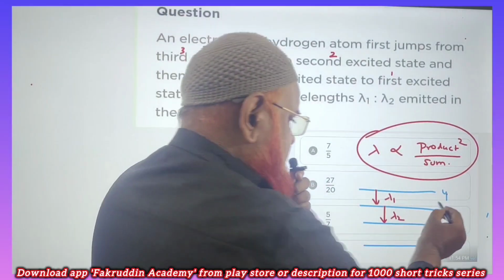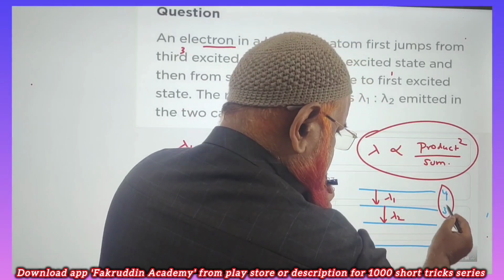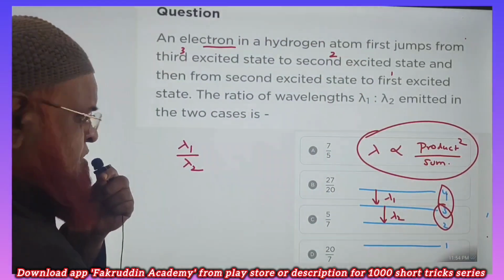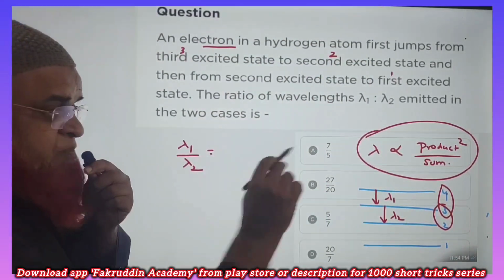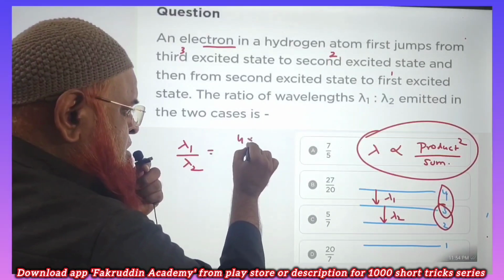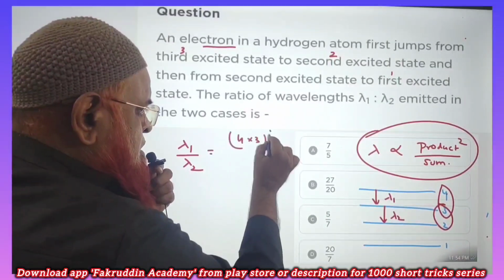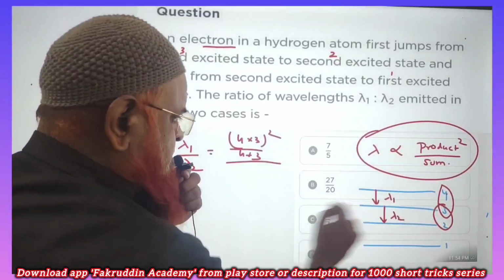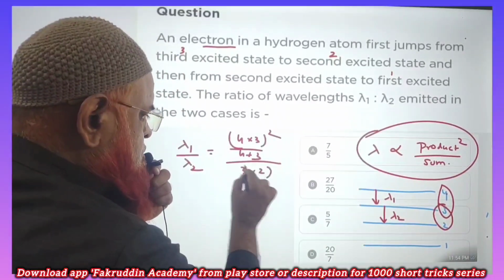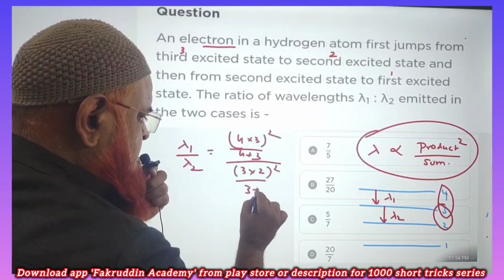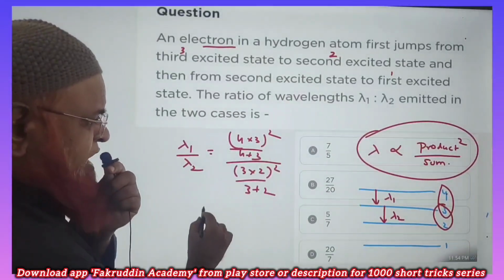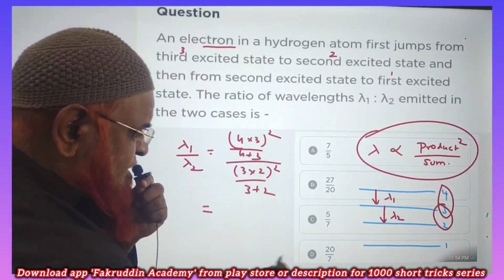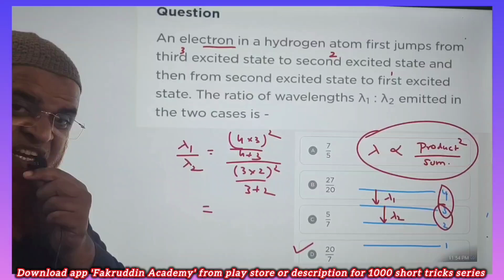For example, lambda 1 is 4 into 3, and lambda 2 is 3 into 2. So therefore lambda 1 by lambda 2 is 4 into 3 whole square by 4 plus 3, divided by 3 into 2 whole square by 3 plus 2. If you calculate this, directly you'll be getting 20 by 7. If you want, you can check it out.